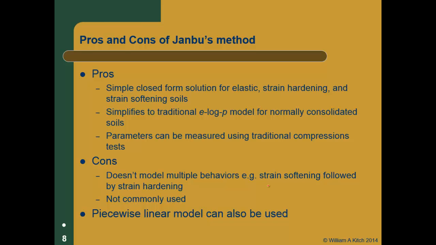Well, I think people don't use it for two reasons. One is because a lot of people don't recognize that the E log P method really isn't that good for a lot of stuff. There's a lot of places where you look at the E log P curve, you think you got this sigma prime c, and you had a constant modulus. If you just take a line in linear space and plot it in semi-log space, it'll turn right over.